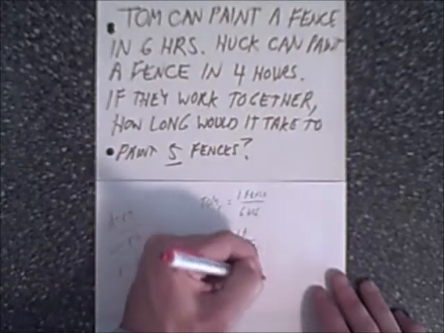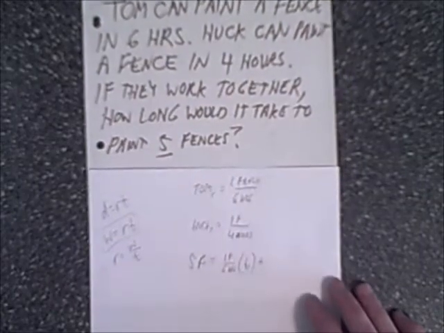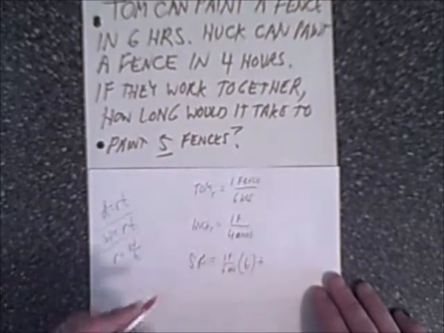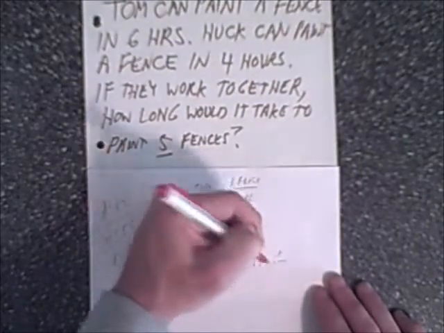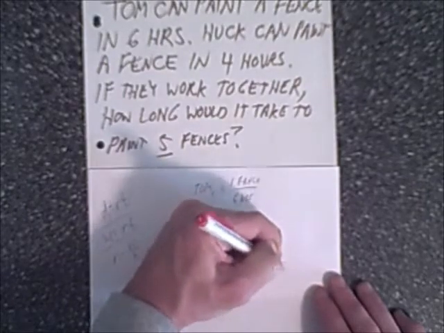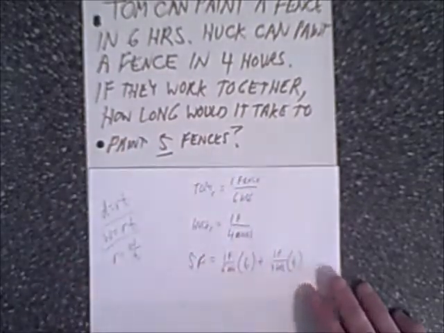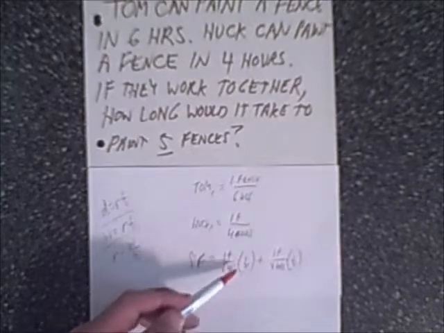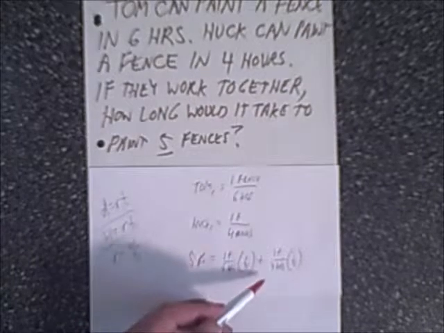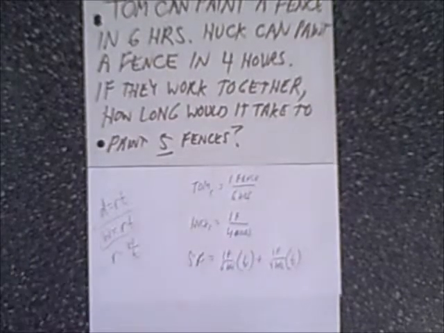Okay, and then Huck's amount of time he's going to contribute is going to be T as well, and he's going to be painting 1 fence per 4 hours. Okay, so there you have it. This is going to be Tom, this is going to be Huck, and that's the 5 fences.